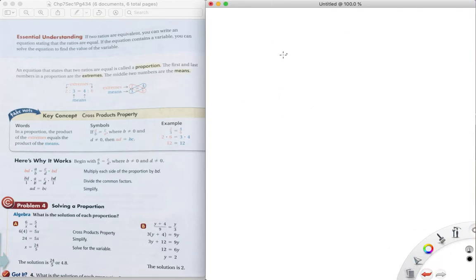Here is the proof. So we have A over B and C over D. I want to get rid of the denominators. In order to get rid of the denominators, I have to multiply by some number such that the numerator is going to be the product, B and D, of the denominators. Same thing goes over here.